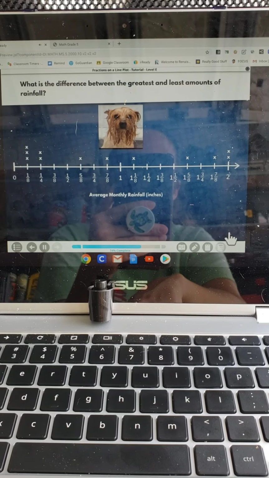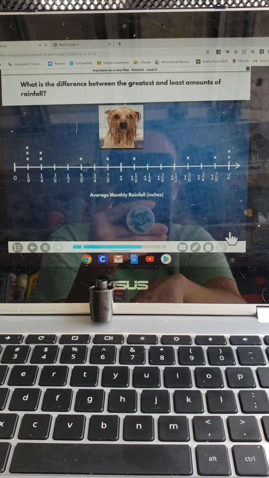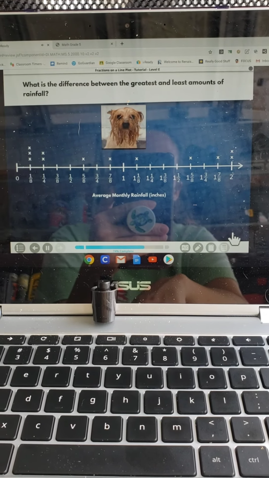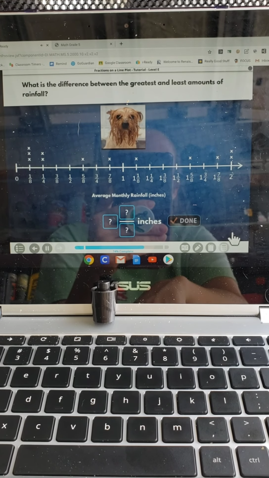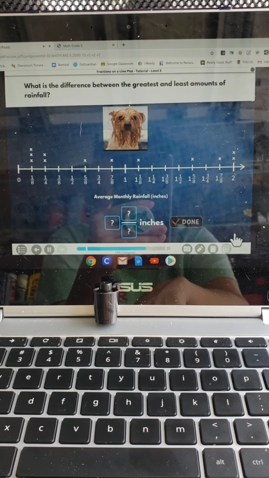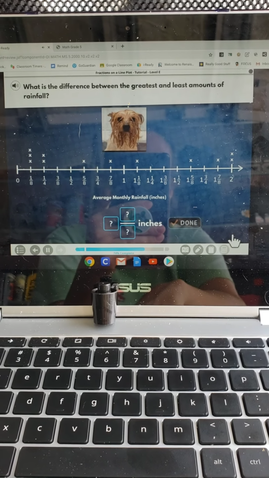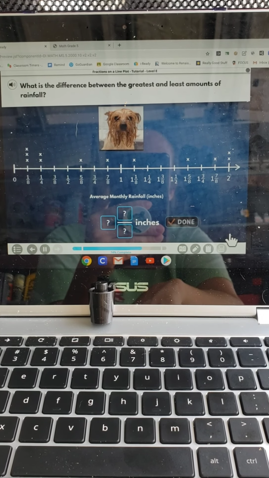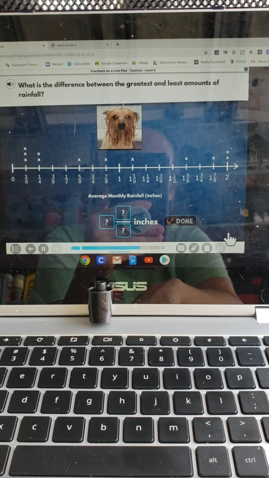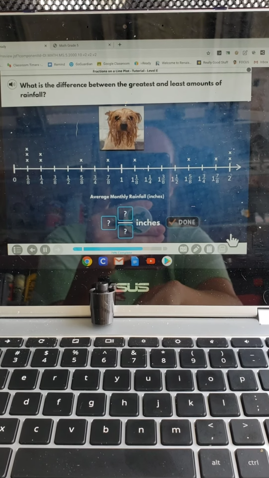What is the difference between the greatest and least amounts of rainfall? If you want to enter a fraction, leave the whole number box blank or enter a 0. Okay, so the difference between the greatest and the least amounts of rainfall.